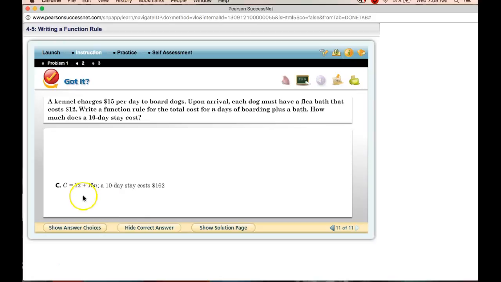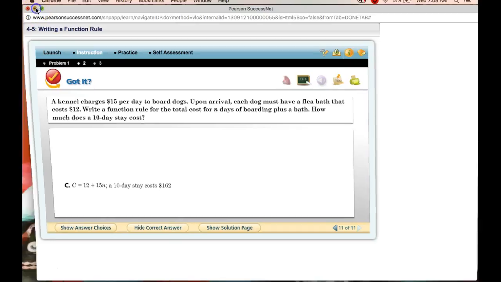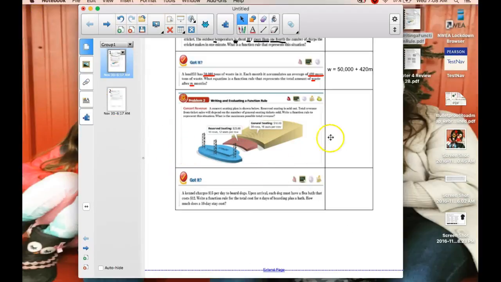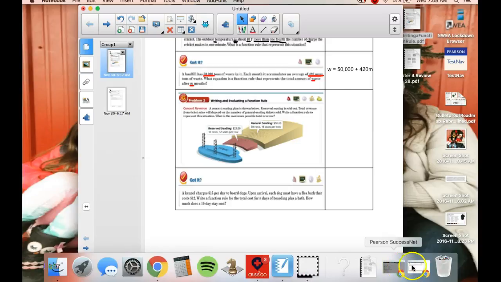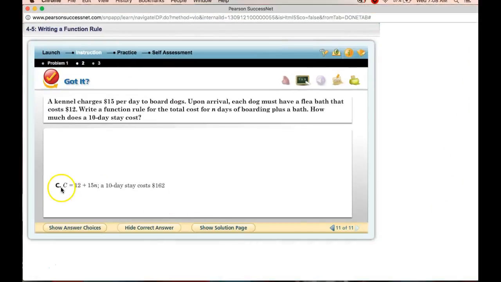So we're looking at the function C equals 12 plus 15n. And if it was 10 days, 10 would get substituted in for n. That would make 150 plus 12, which is $162. So go back over here, and we have our situation that you're filling in right there. All of this should go in there.